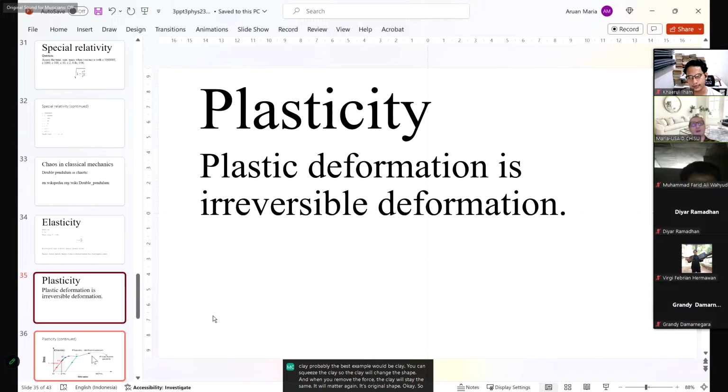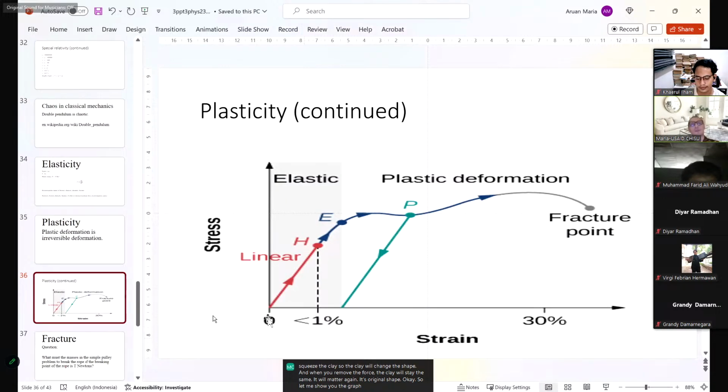So let me show you the graph showing the elasticity. The red part is the elastic part. We plot strain, or just displacement, against stress or force, doesn't really matter. So this red section is elastic.